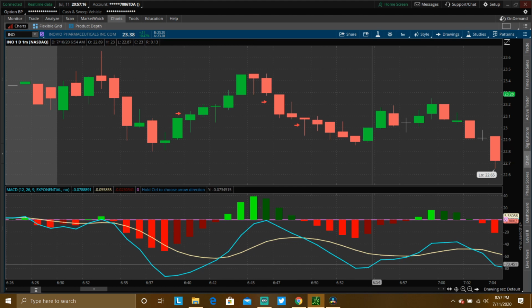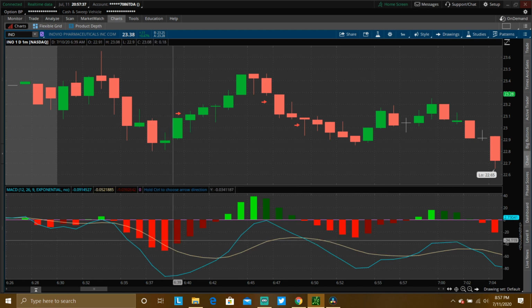But the problem with I&O would be that it goes up and down so fast that the MACD line overreacts and the signal line doesn't really move much at all. As you could see here, they're way off. It's almost like they're completely different graphs.